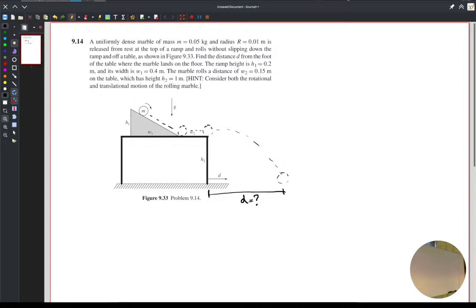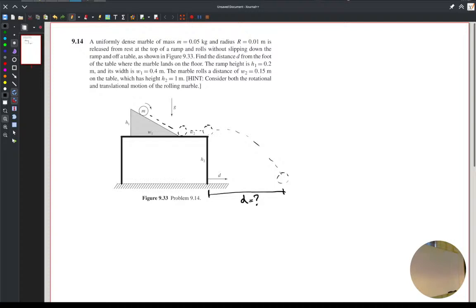Not sure. Okay. Yeah. So you think you could have kinetic and potential energy for the 2 halves, set equal to each other? Yep. Okay.